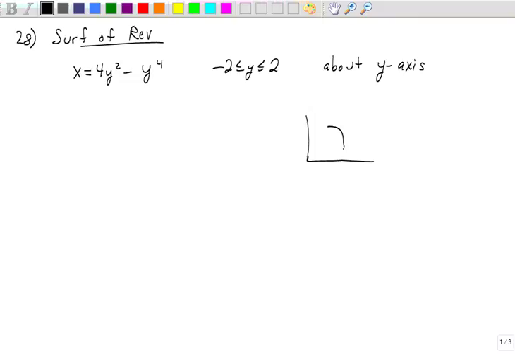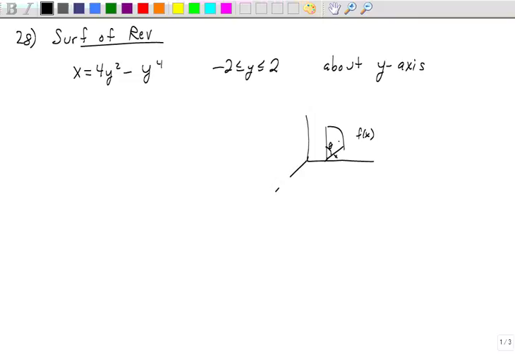Okay, so let's see. Theta is measured from the y-axis.